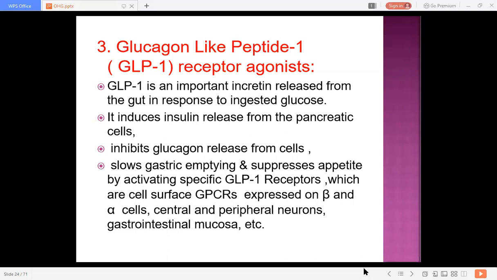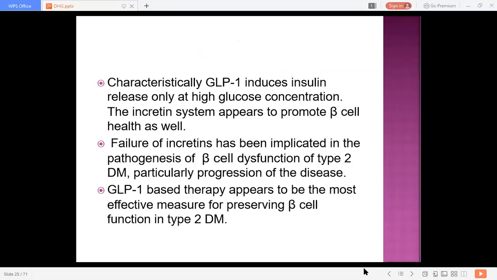It induces insulin release from the pancreatic beta cells, inhibits glucagon release from alpha cells, slows gastric emptying, and suppresses appetite by activating specific GLP-1 receptors, which are cell surface G protein coupled receptors expressed on beta and alpha cells, central and peripheral neurons, and gastrointestinal mucosa. GLP-1 induces insulin release only at high glucose concentration.